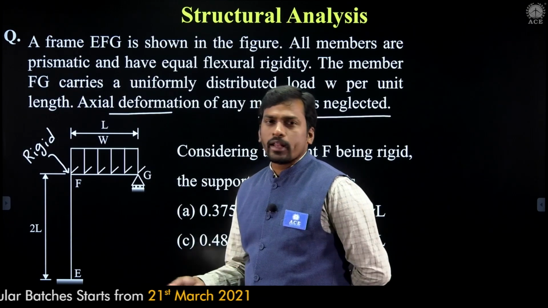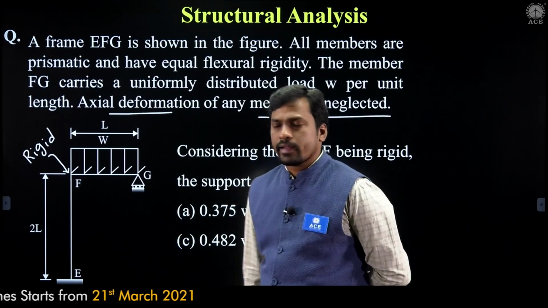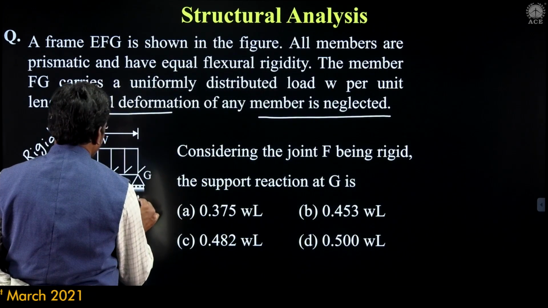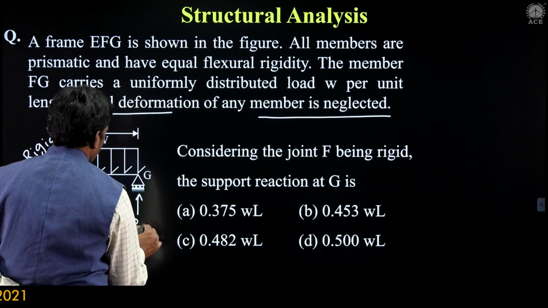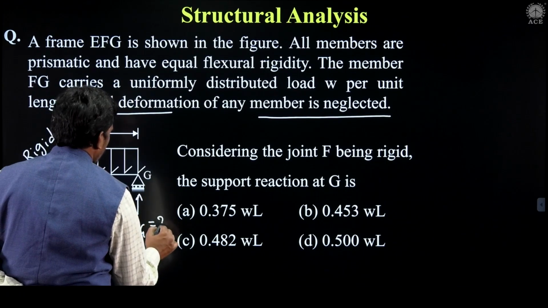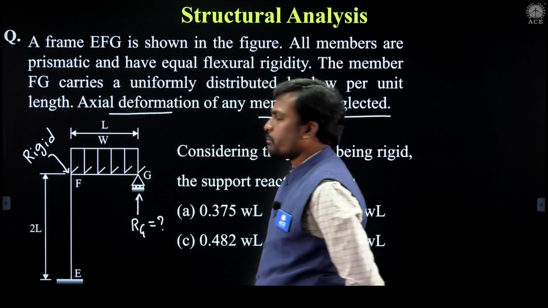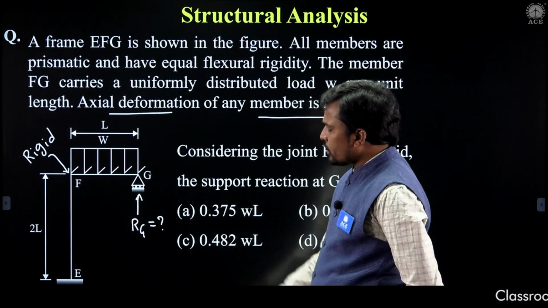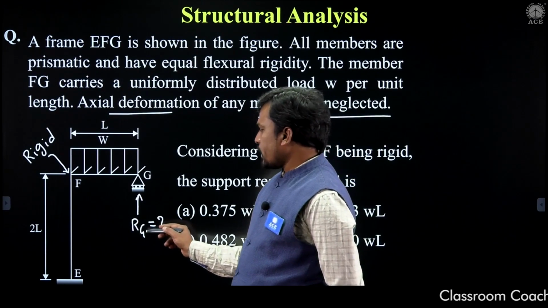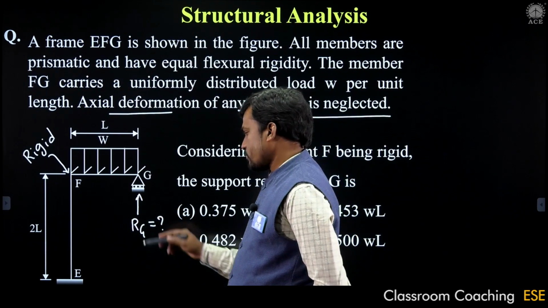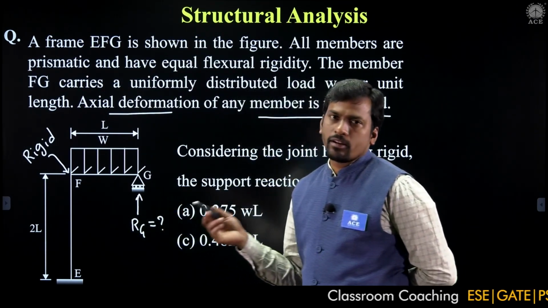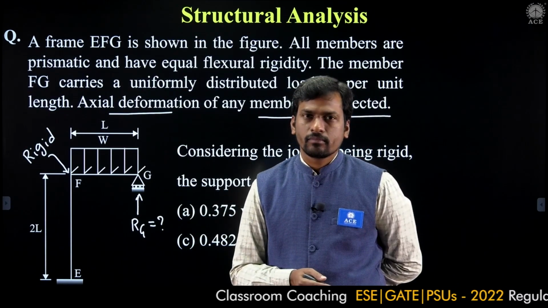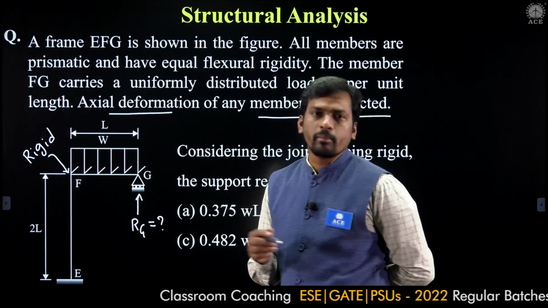For a roller support, how many reactions will develop? Only one reaction. Which reaction? Vertical reaction. So we are asked to find the vertical reaction at joint G. To find it, you can use Castigliano's method or the consistent deformation method, or you can use the unit load method also.